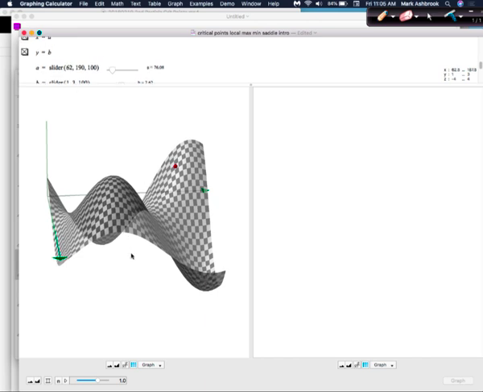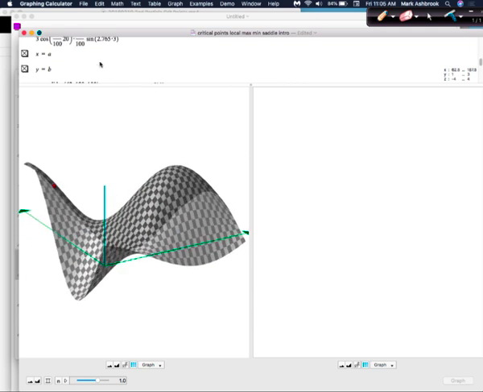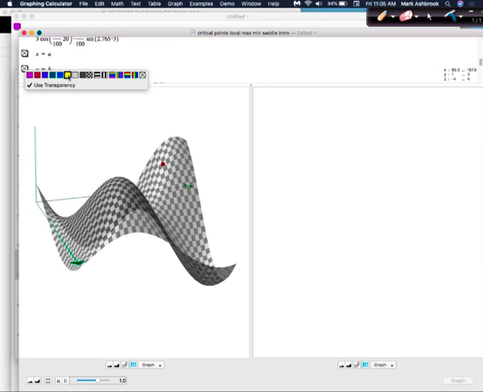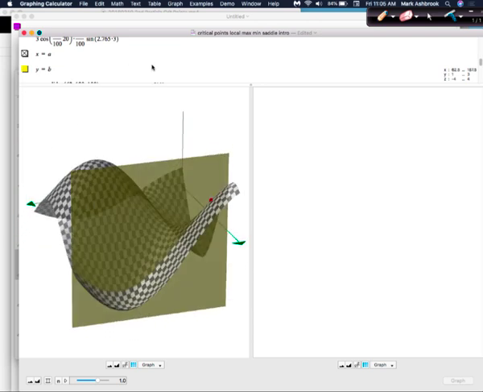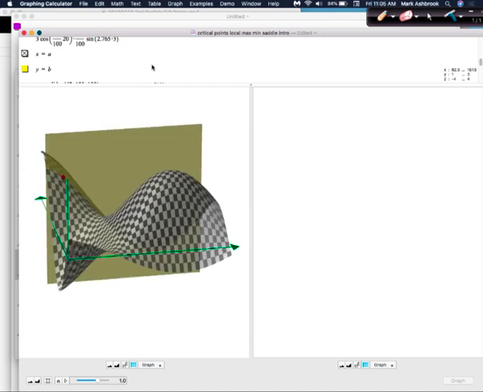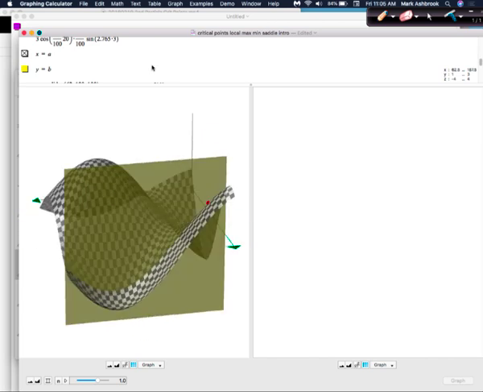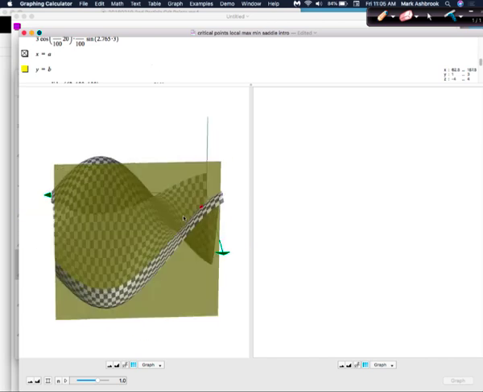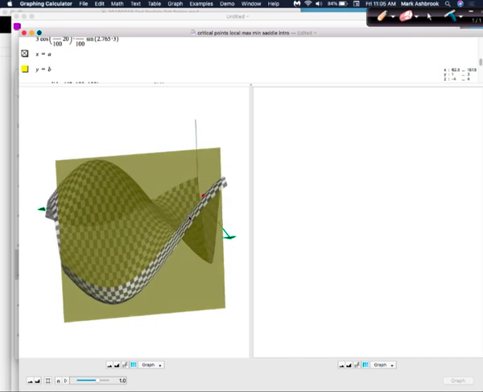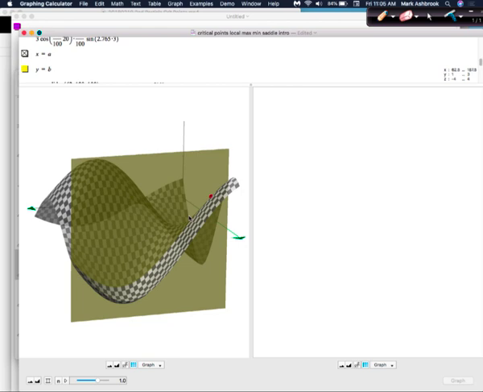We said that the first partial with respect to x was what, positive or negative? Negative, because z is decreasing, right? The function is decreasing. Now what about the second partial with respect to x? Positive or negative? As you increase x, is the rate of change decreasing or increasing?